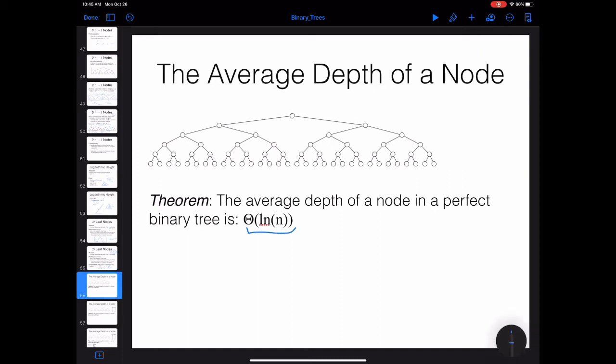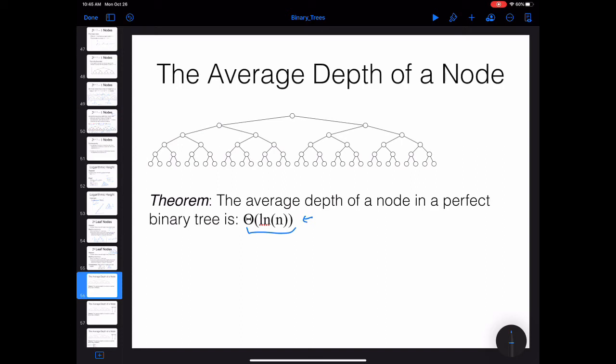Why is this theorem important? Because it's telling me that if you are doing some specific computation over all of the nodes in your perfect binary tree, or just randomly choose one node from your perfect binary tree and do some computation that depends on the depth of that node, the time complexity is going to be log of n.